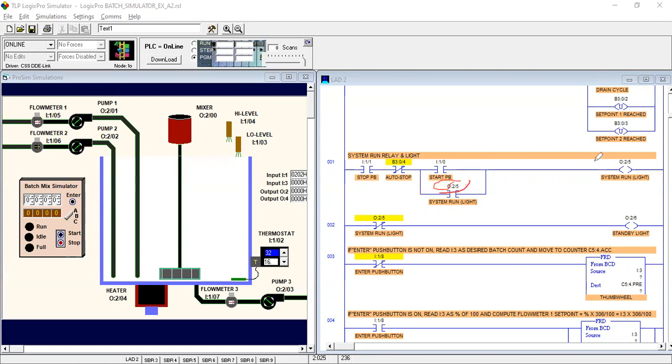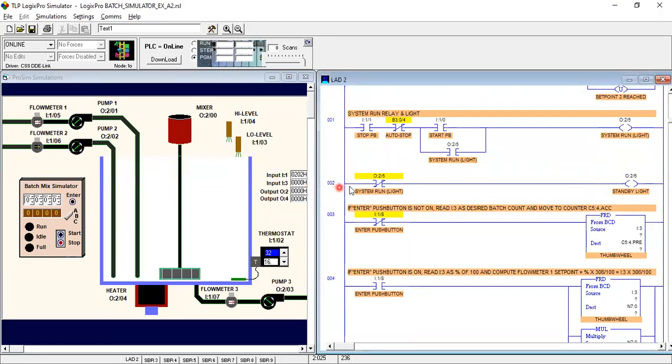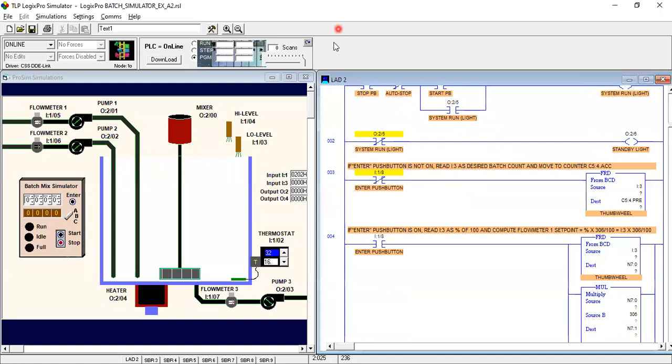This address and this address are the same, but here we have the input instruction, and here we have our output instruction. Okay, and in the next rung we have the system run lights.